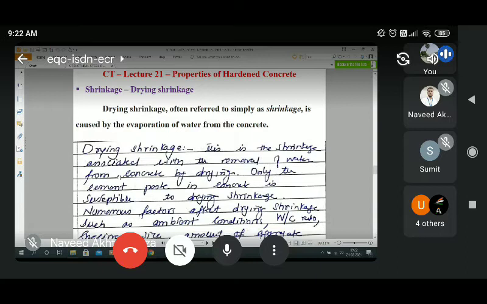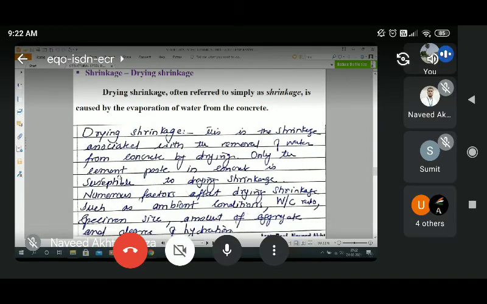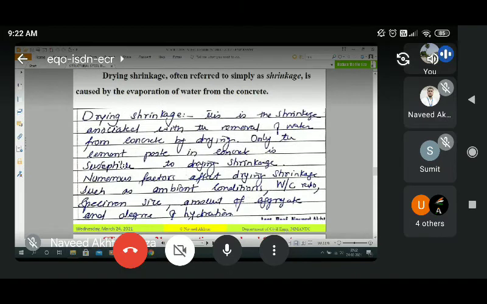Drying shrinkage is the shrinkage associated with the removal of water from concrete by drying. Only the cement paste in concrete is susceptible to drying shrinkage.